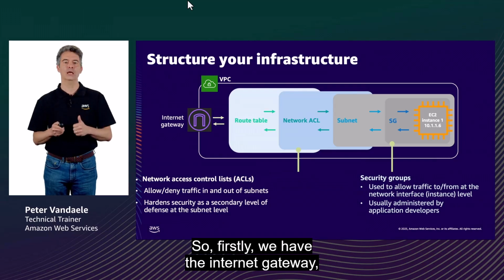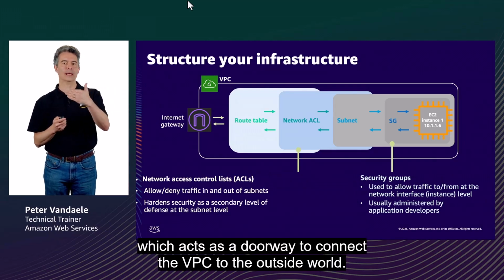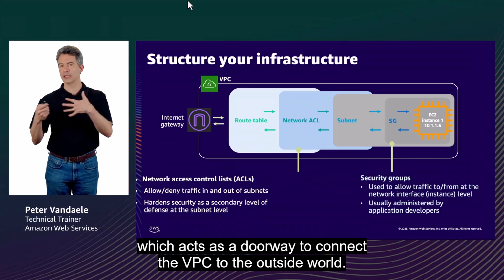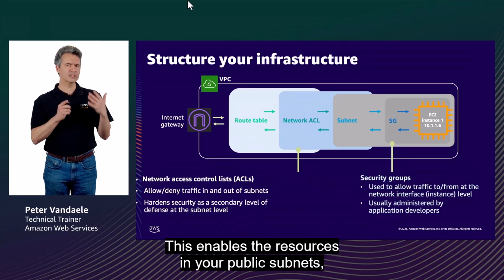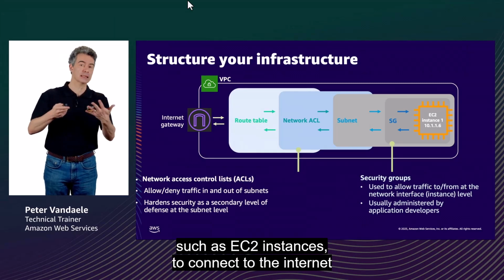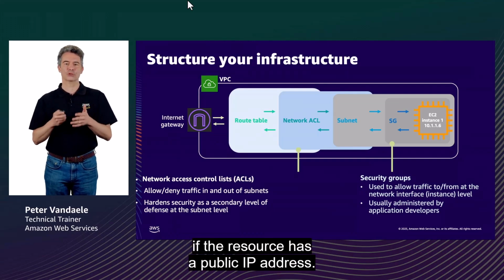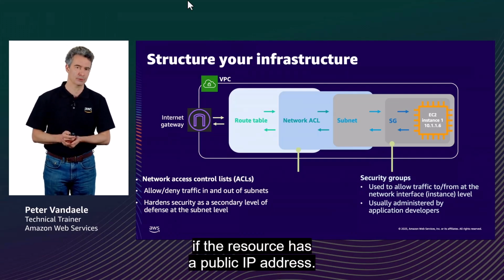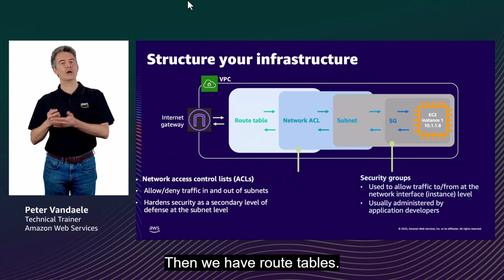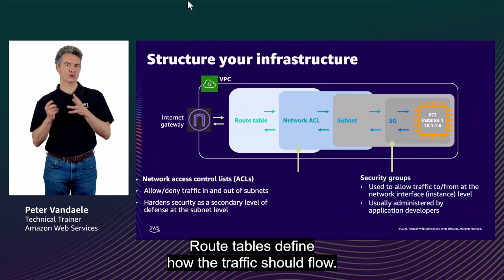So firstly, we have the internet gateway, which acts as a doorway to connect the VPC to the outside world. This enables resources in your public subnets, such as EC2 instances, to connect to the internet if the resource has a public IP address. Then we have route tables. Route tables define how the traffic should flow.